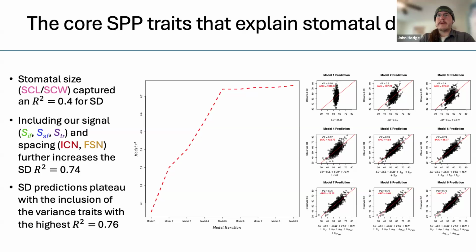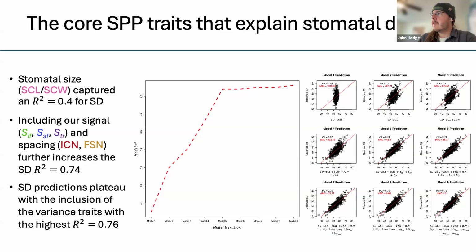However, we pretty much plateau from this point onward, where we get a little bit more information by including those variant traits for the individual hotspots. But it's not really offering that much information relative to the model complexity. So we ended up cutting things off at that sixth model, where we're including both the signal and the spacing traits.